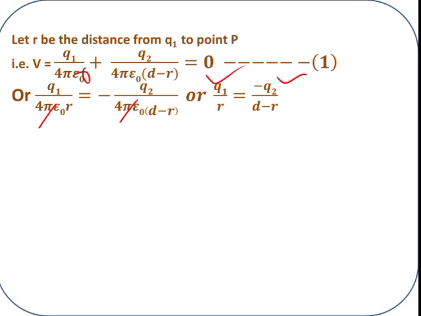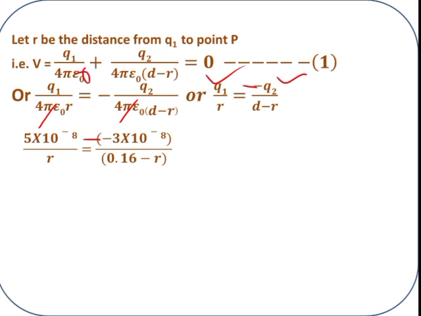Substitute the values of Q1, Q2 and D. Q1 is 5 into 10 raised to minus 8 and Q2 is minus 3 into 10 raised to minus 8, but here one more negative sign is there. Already Q2 is negative, so negative becomes positive.